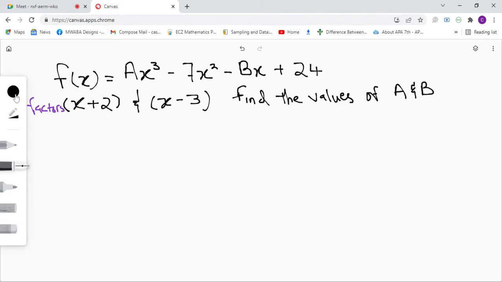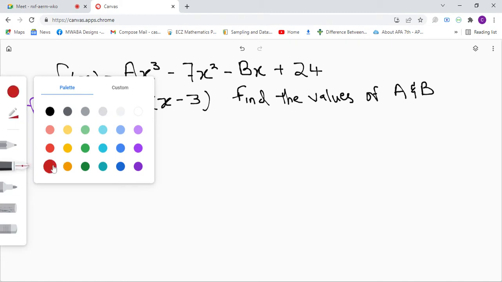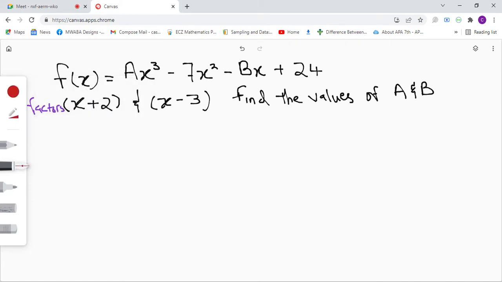As always, to get the value of x which we replace into the polynomial to make it 0, we say x plus 2 equals 0. Then we take 2 to the other side and we say x equals negative 2.